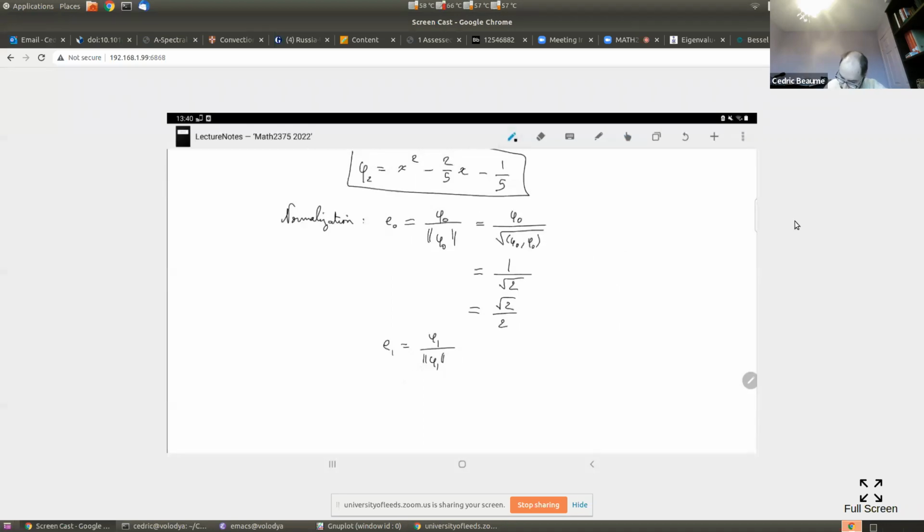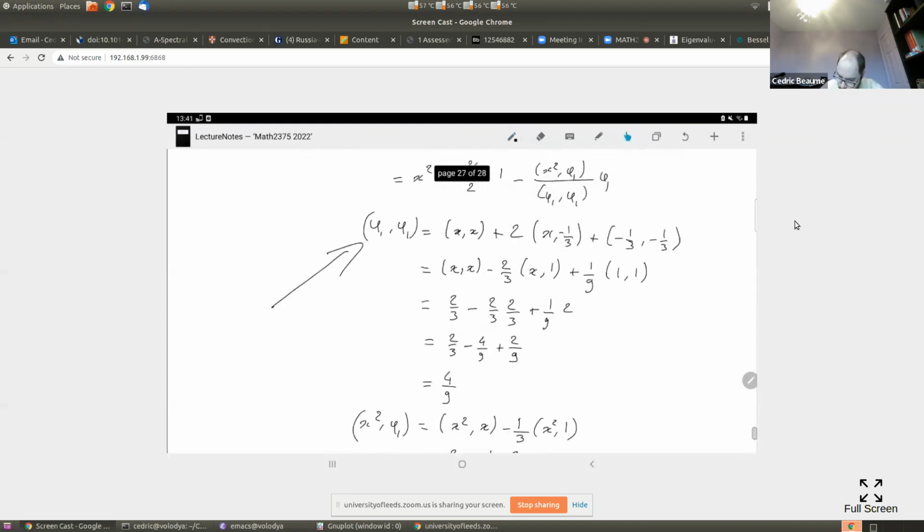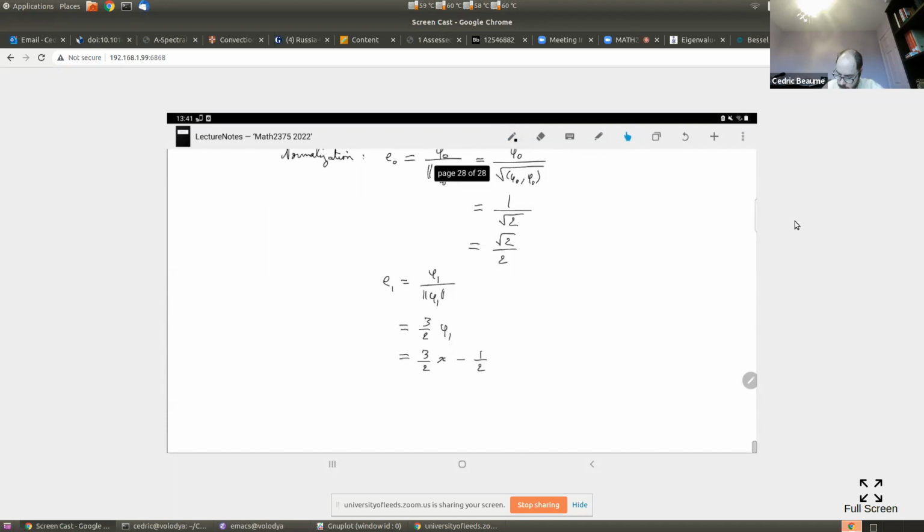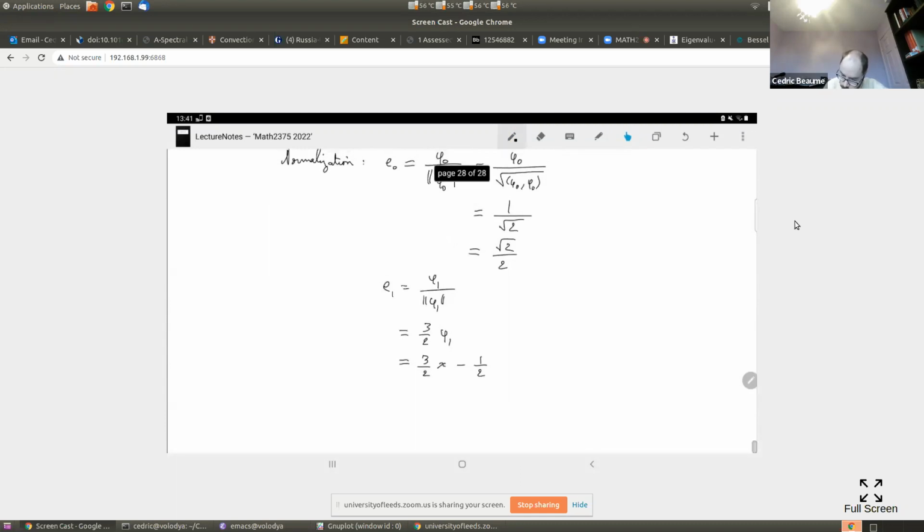So the square root of 4/9 is 2/3, so I get 3/2 of phi1, which is 3/2 of x minus, what was it, 1/3, right? So that's minus 1/2. Yeah. Okay, so minus 1/2. So that's E1. Guys, I'm really struggling with my throat right now.